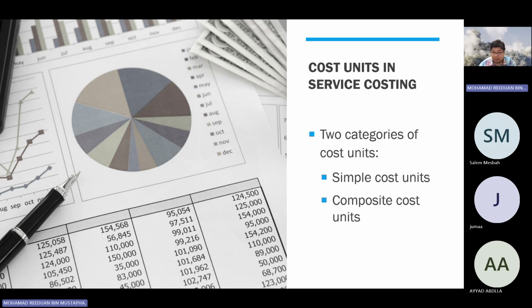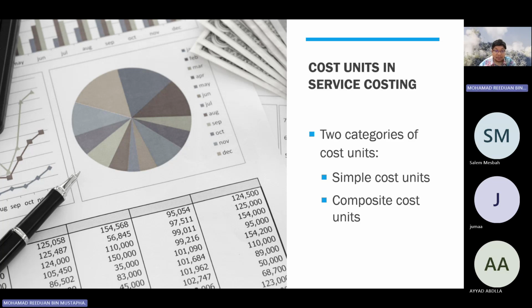Who knows, later on you receive a new CEO, and the new CEO says, I don't care, each of you should become a profit center. Then you have to do something, right? At that time, you need to calculate your cost in order to make sure that you are a profit center. So this is the way of calculating those costs: simple cost unit and composite cost unit.